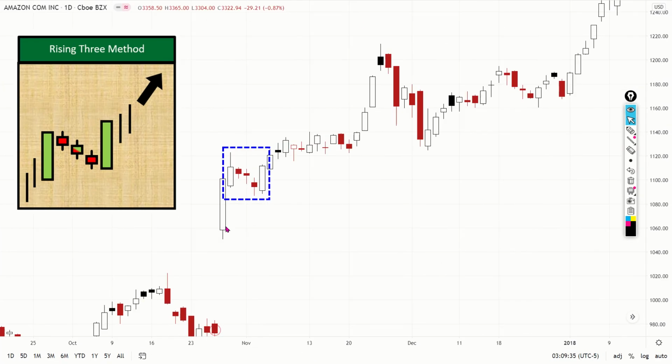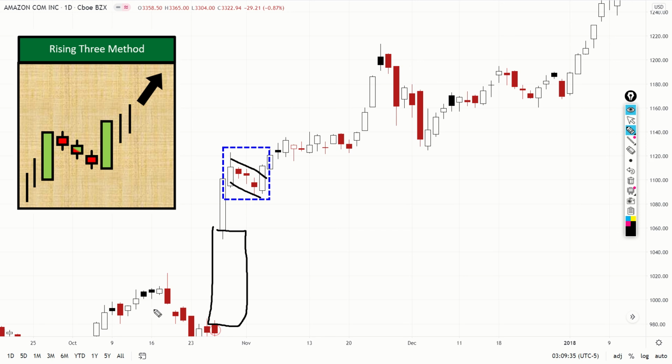So rising three methods. Again, now this is Amazon, one of the strong stocks. And this is where it's presenting a very good opportunity. After it gaps up, and this is what we call a runaway gap. This could be caused by an earnings announcement that gaps up. Then price rests for a while. A lot of people take profit because of the huge long gap.